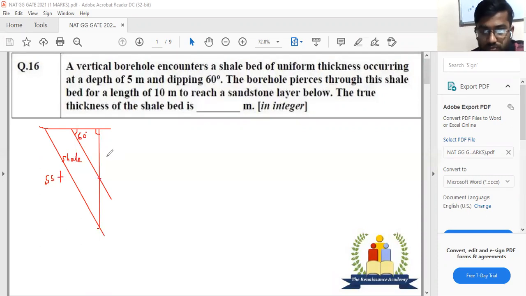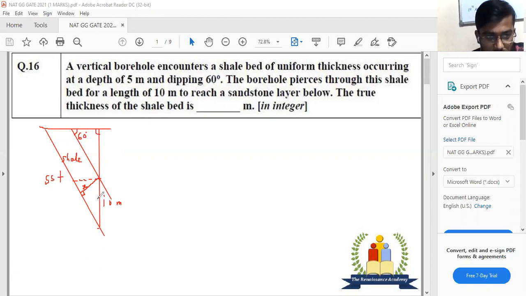Now the borehole pierces through this shale bed for a length of 10 meter, means actually this length is 10 meter. Okay, now if you draw a horizontal line from here, and this is actually your true thickness. Let's say this is your x. You need to calculate the x true thickness.